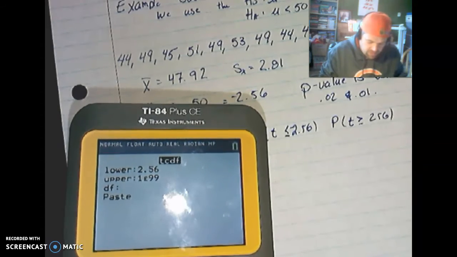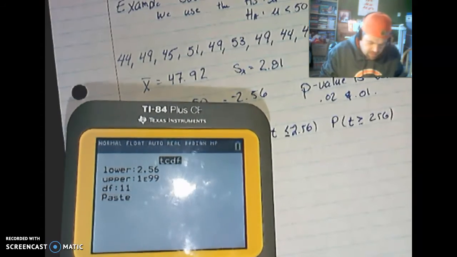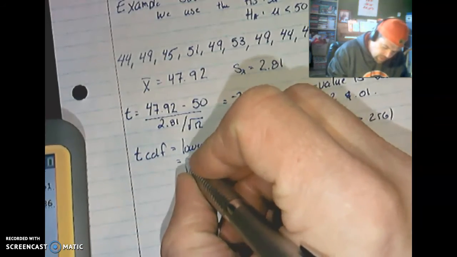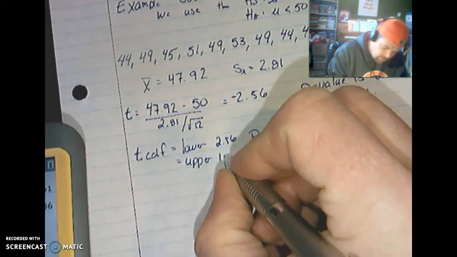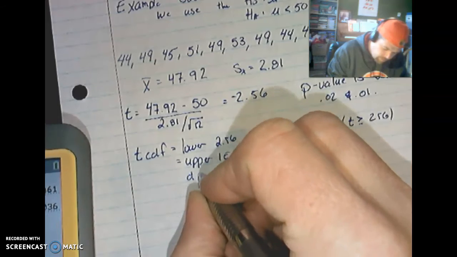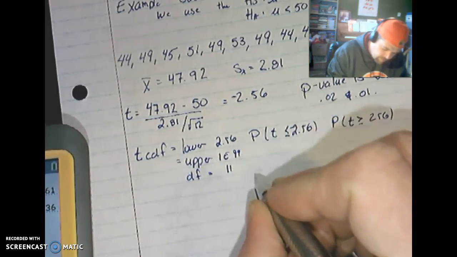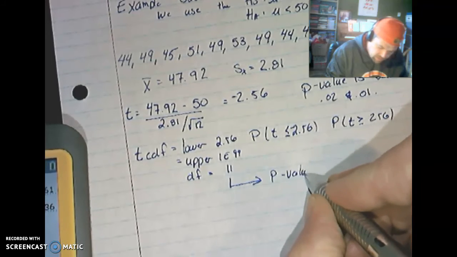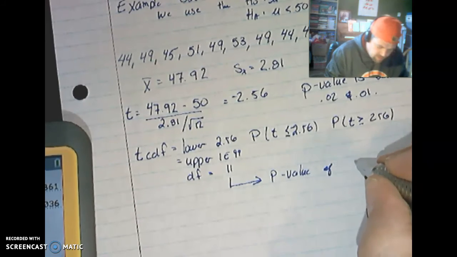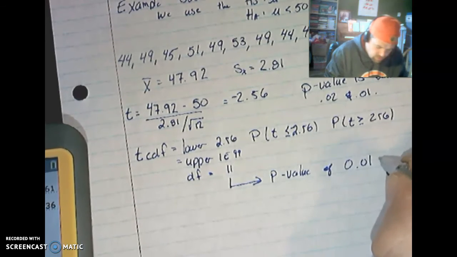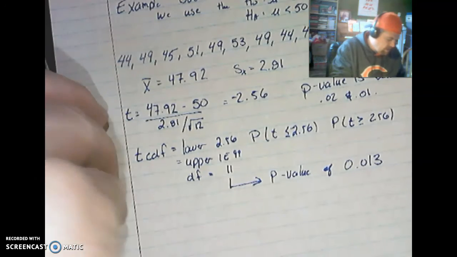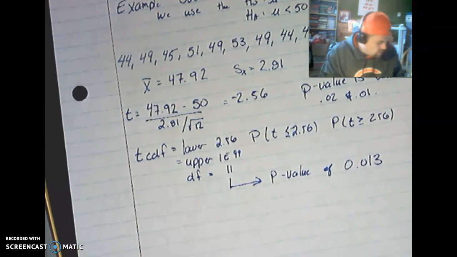My degrees of freedom is 11. That gives me a p-value of 0.013.